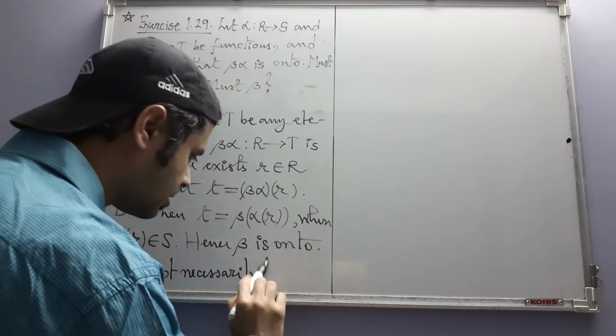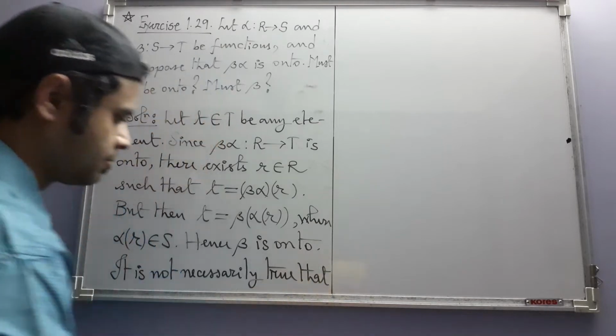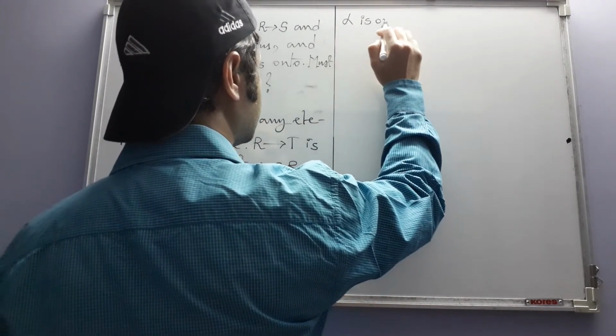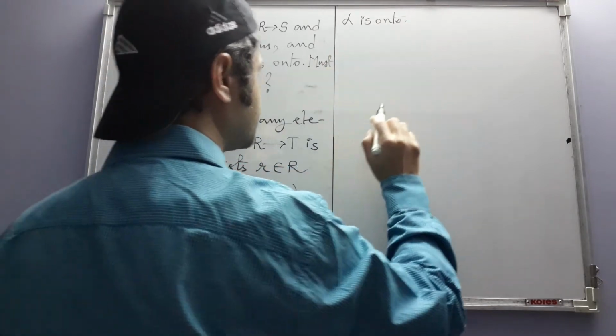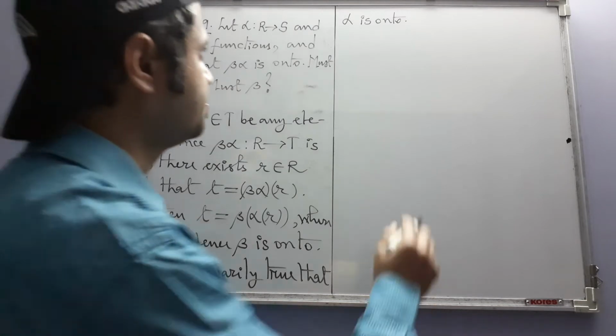It's not necessarily true that alpha is onto. To see this, we of course need an example.